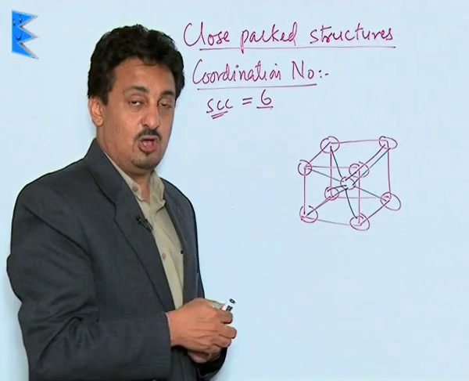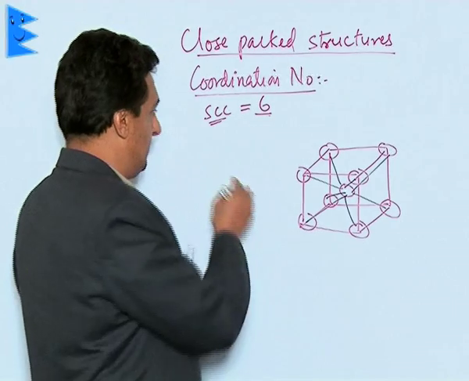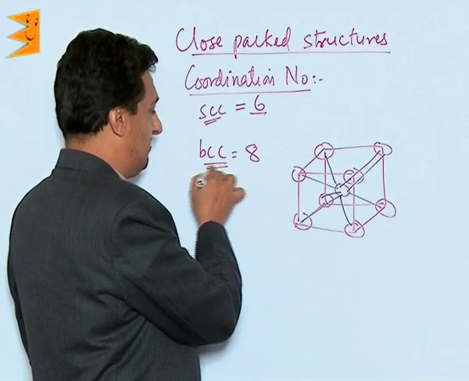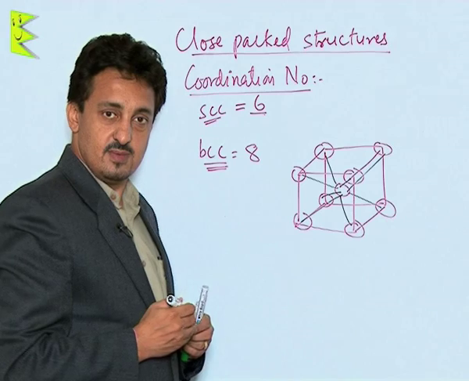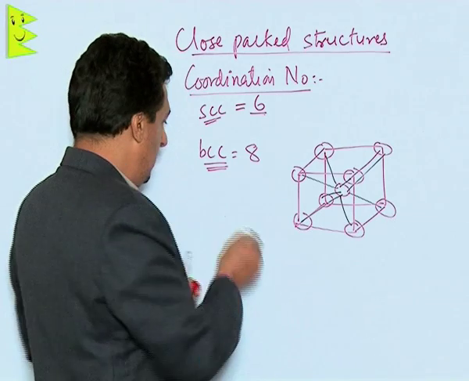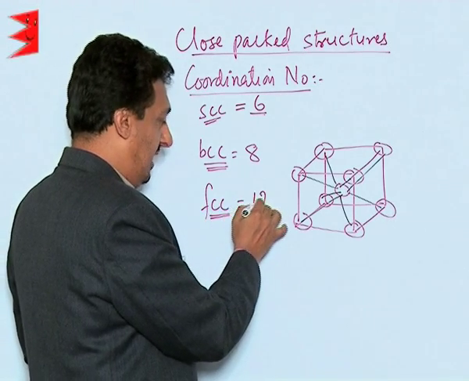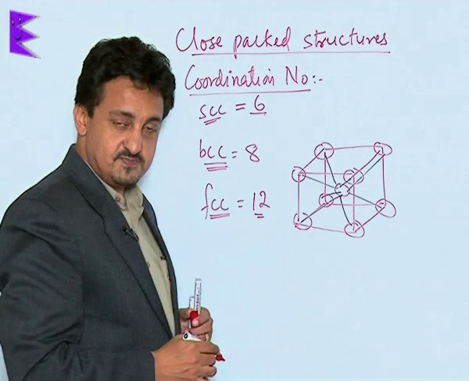So it is in contact with how many other particles? 8. So remember, in case of BCC, the coordination number is 8. And the coordination number, similarly, you can find out in case of FCC is 12.